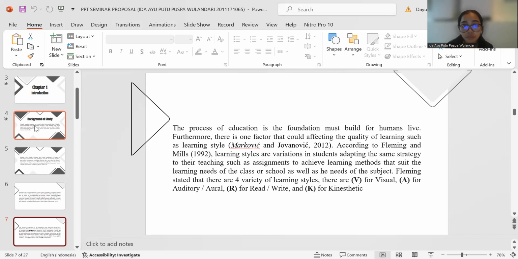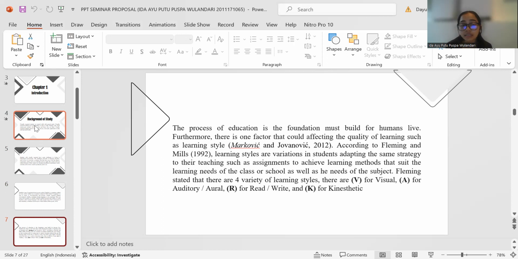Furthermore, there is one factor affecting its quality, which is the learning style, according to Markovic and Stefankovic 2012, and according to Fleming and Mills, learning style is a variation in students adapting the same strategy to their teaching, such as assignments to achieve the learning methods that suit the learning needs in the class or school as well as the subject.